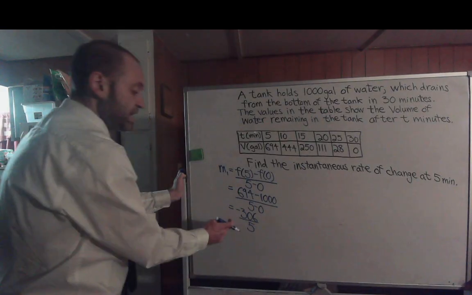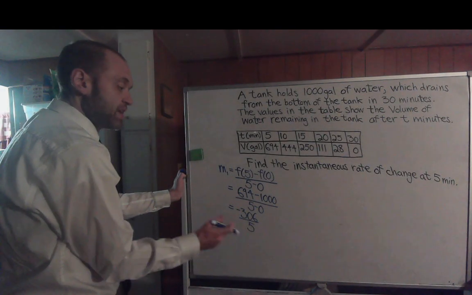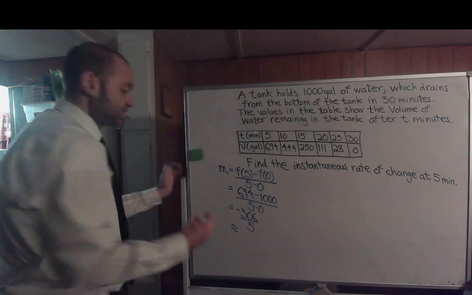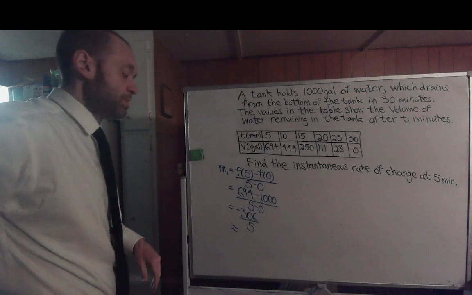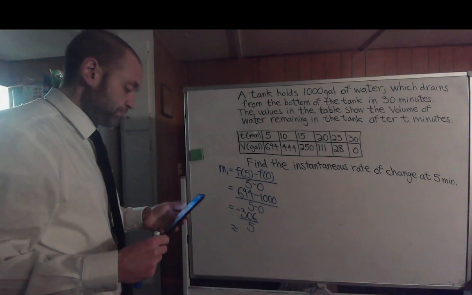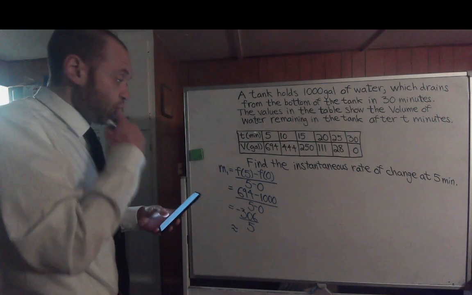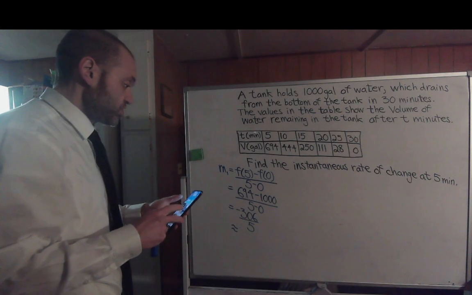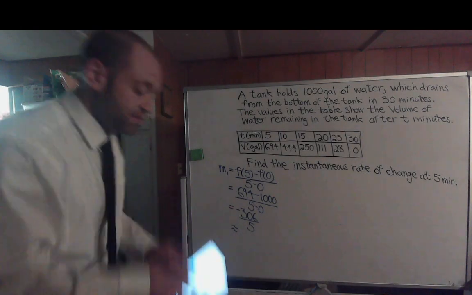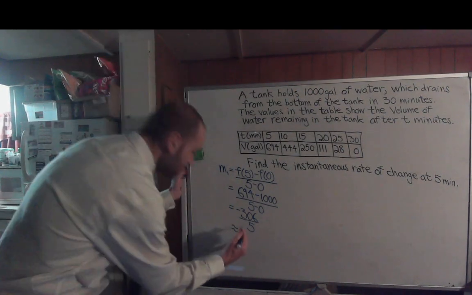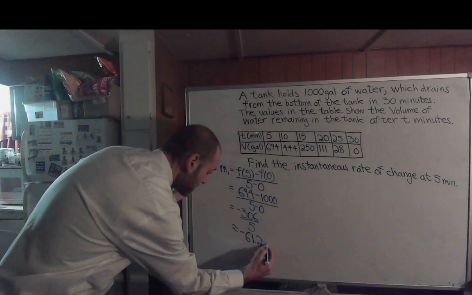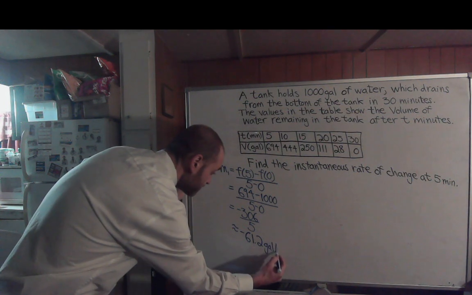We should get negative 306 divided by 5, which for all intents and purposes we'll round to 2 decimal places for this secant line, for this average rate of change. If we take negative 306 and divide it by 5, you get about negative 61.2 gallons per minute.